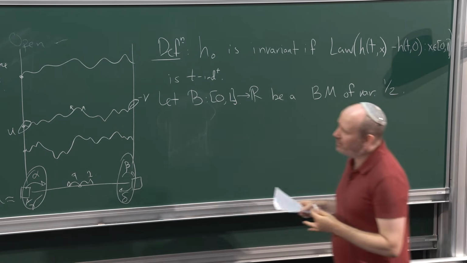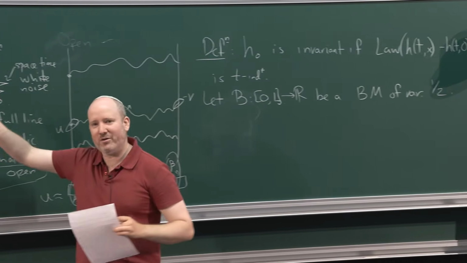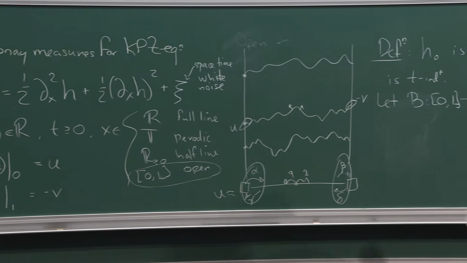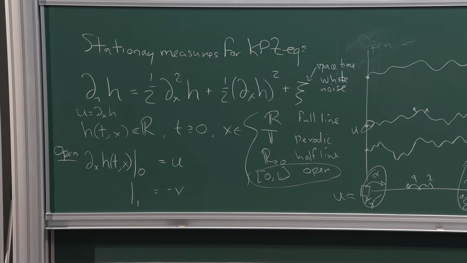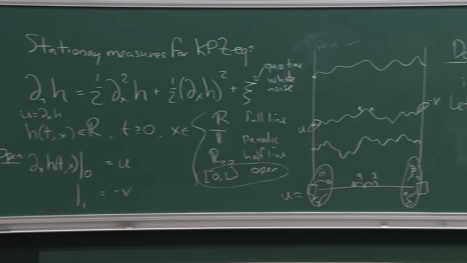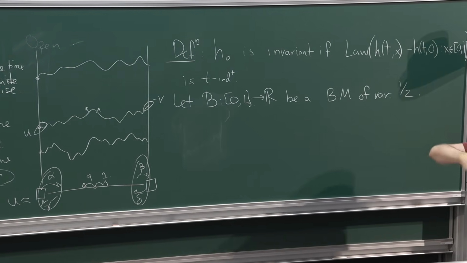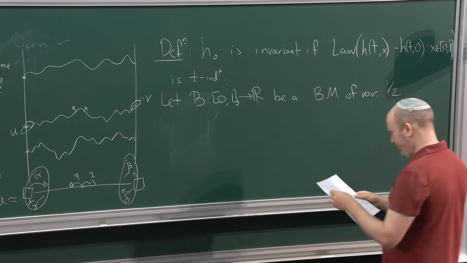I could have chosen different coefficients and had Brownian motions of variance 1. But what I mean by that is that if I look at a unit time interval, the increment of the Brownian motion is a Gaussian of variance 1/2.